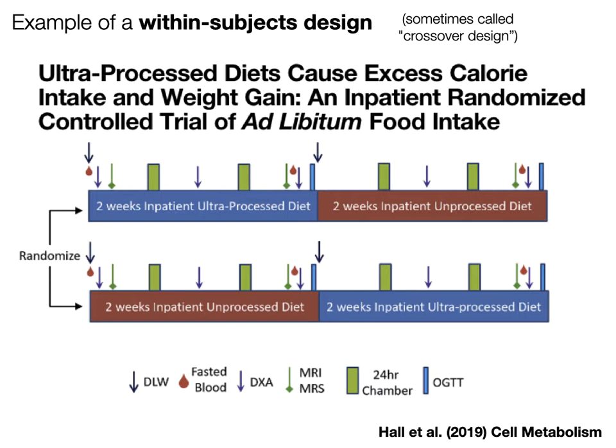They were either given a diet of unprocessed food, like fruits, vegetables, meat, things that weren't highly processed, or they were given a diet of ultra processed food, like pizza, hamburgers, things that come in packages that are super processed.